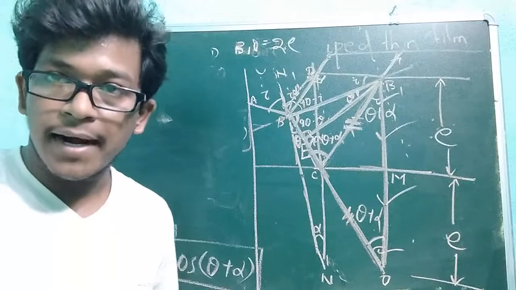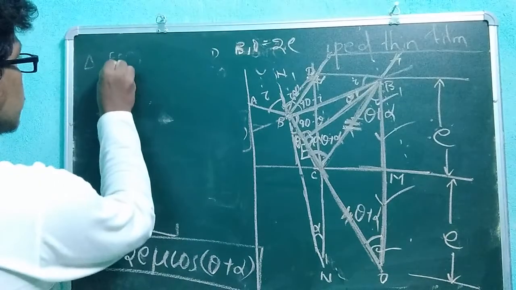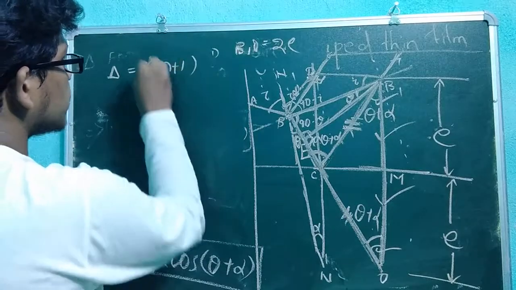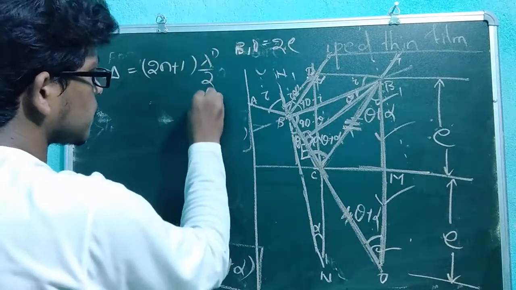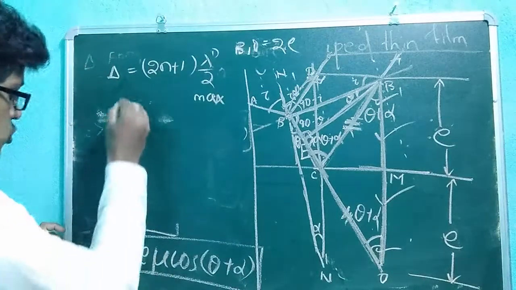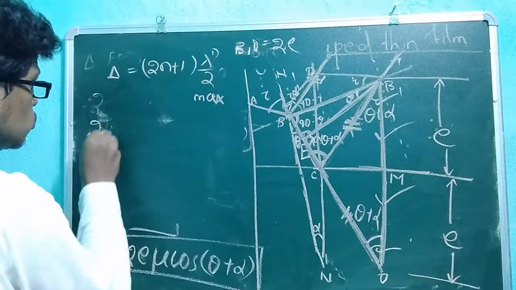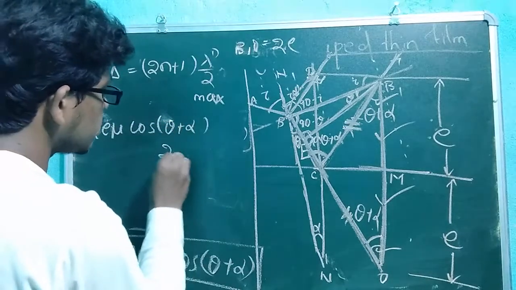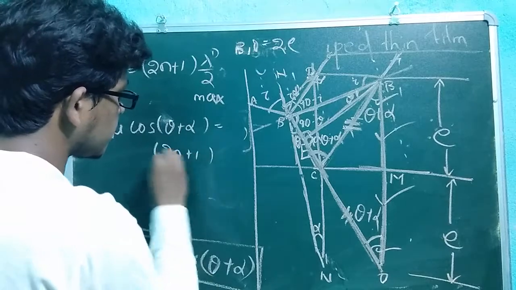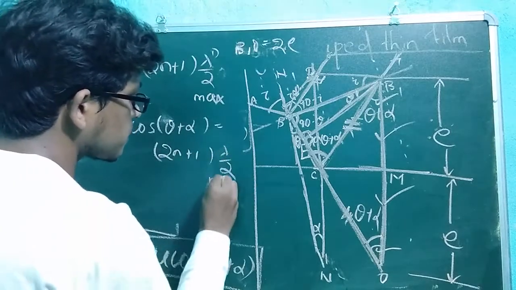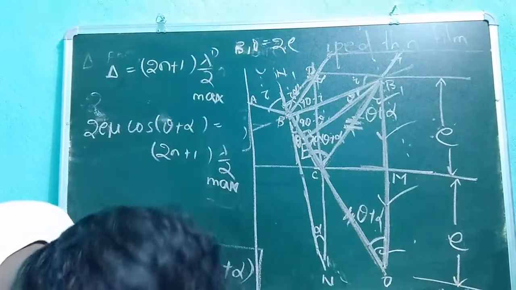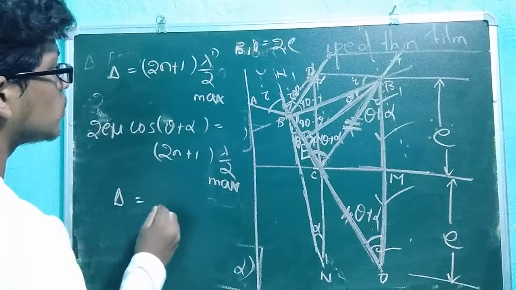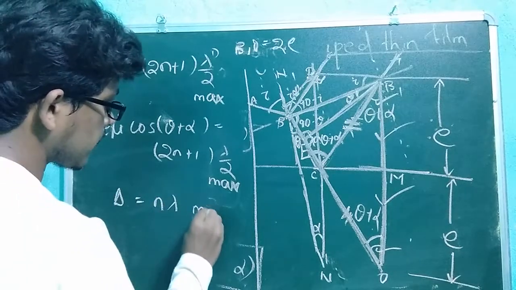In the thin parallel film, we have already seen that whenever your path difference is 2n plus 1 lambda by 2, you have maxima. That means whenever 2E mu cos theta plus alpha is 2n plus 1 lambda by 2, you will get a maxima, a bright fringe. Whenever delta equals n lambda, you will get minima.